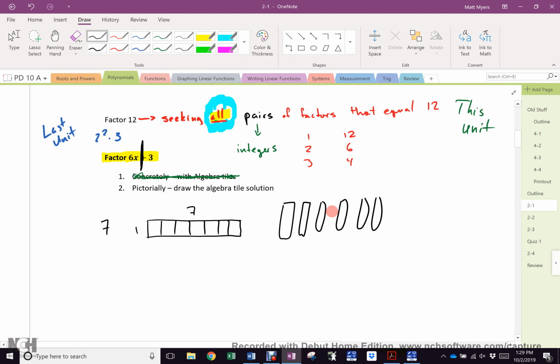Could I put it this way? Is that still a rectangle? Excellent. Could I put it this way? Yes, because that's a rectangle that way. Everyone agree? Excellent.